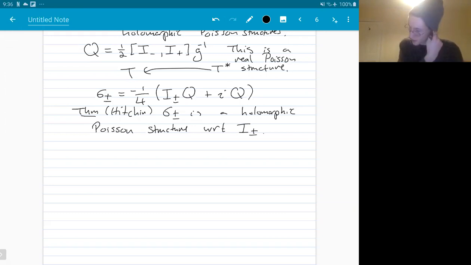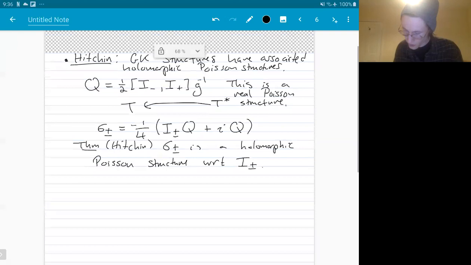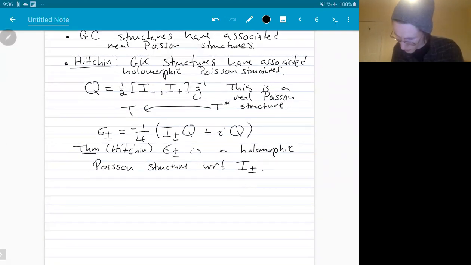And sigma plus is a holomorphic Poisson structure for I plus, and sigma minus is a holomorphic Poisson structure for I minus. So it's kind of interesting that if we just start with a generalized Kähler structure, we actually get these two holomorphic Poisson structures. And they're interesting because they're measuring the failure of the two complex structures to commute.